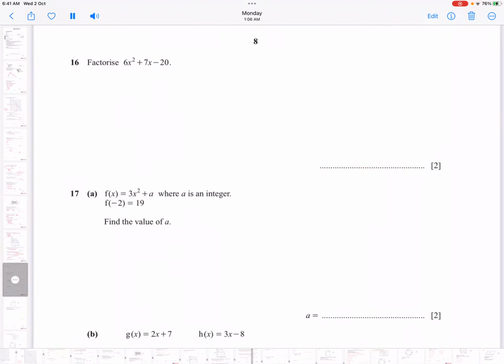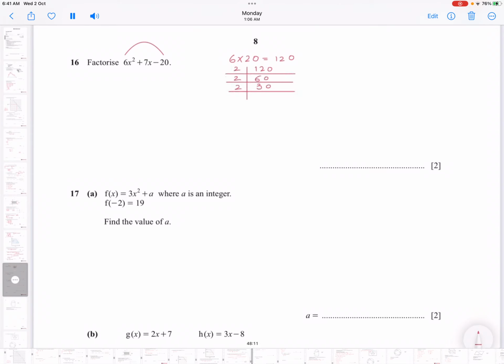Question 16, factorize. So you multiply 6 by 20 and now find out the numbers which when multiplied should be equal to 120, and by adding or subtracting we can get plus 7, which is in the middle. Actually this is middle term breaking.